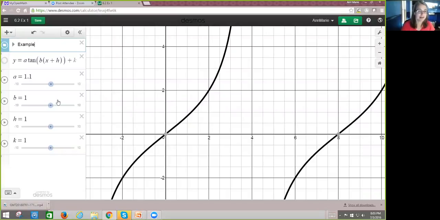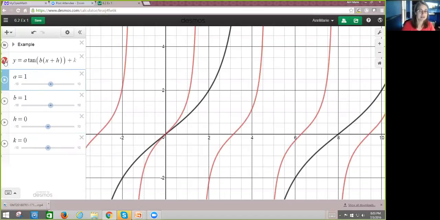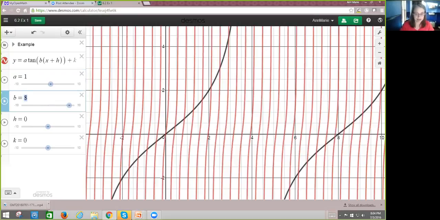Let's try that. Let's turn on this guy. These lines are my standard tangent function. Let's make my internal multiplier, my b, pi over 8.